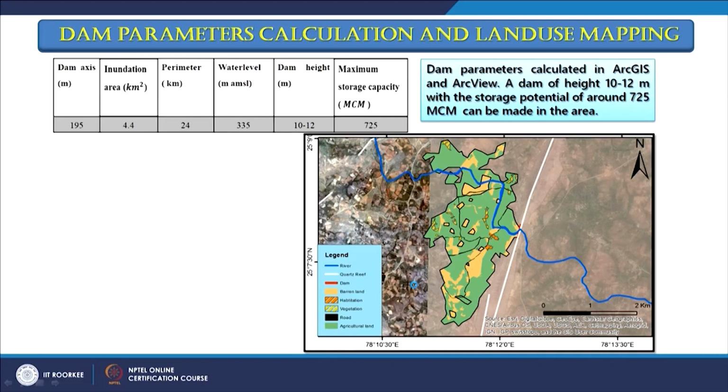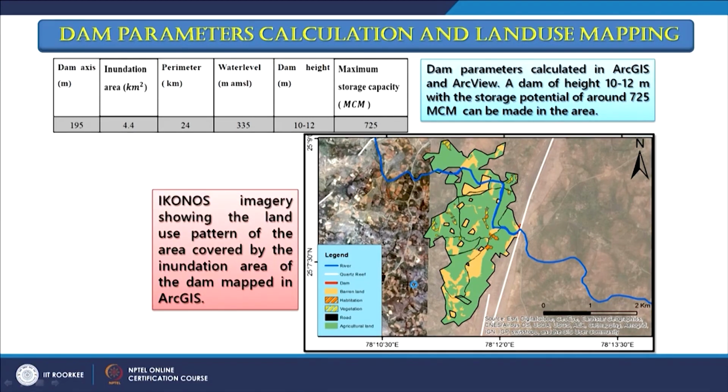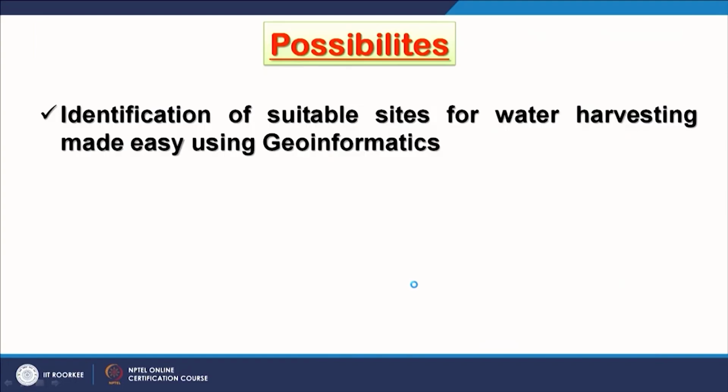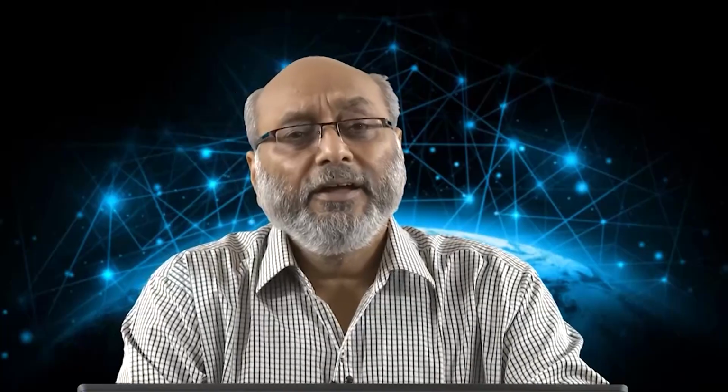If it is acceptable to local people and decision makers, a reservoir can come. In 2 years' time, it will start providing benefits. So what are the possibilities? Identification of suitable sites for water harvesting has been made very easy using GIS or geoinformatics technology. Preliminary assessment can be done.